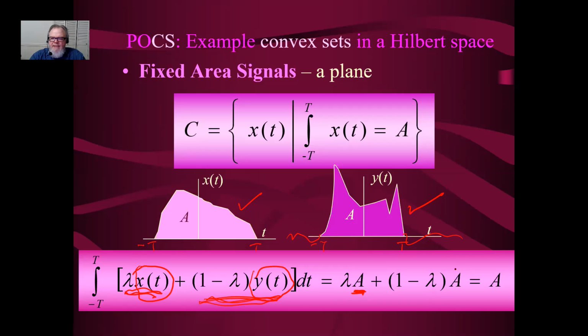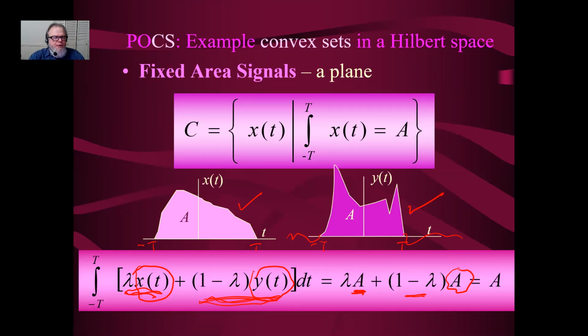The area of y of t is A, and so we're just having lambda A plus 1 minus lambda A is equal to A. So if you do this combination of these two signals, you get another signal which is also in the set. So I'm trying to appeal here both intuitively by looking at the lower three-dimensional and also recognizing that we can go to the definition of convexity and in most cases prove very simply that the set corresponds to a convex set.